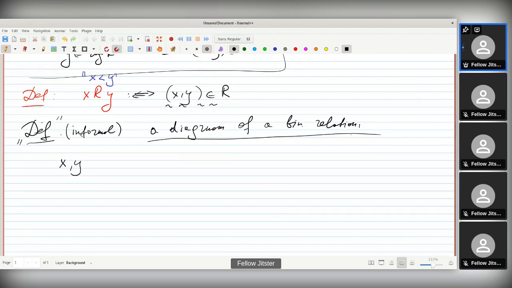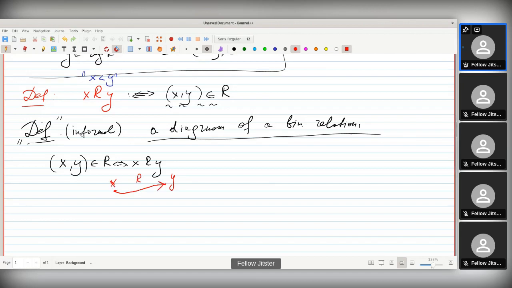When xy belongs to R, or equivalently xRy, we are going to make a plot. We are going to plot these two sets, x and y, as planar points and connect them with an arrow.